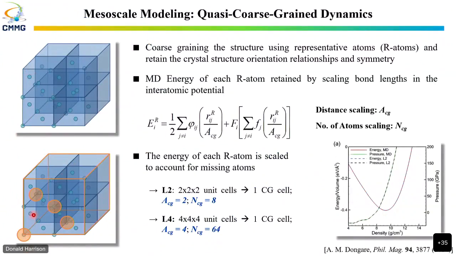The only difference is the atoms are at a certain scaled distance from each other as compared to an MD simulation. So what we do is we scale the potential to have a minimum at the scaled distance. So this is twice the distance over here between the corner atom and the face-centered atom, let's say, as compared to the distance in an MD simulation. So all we are doing is a simple scaling of the interactions over here.